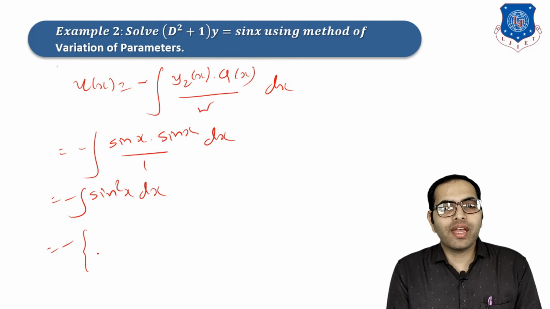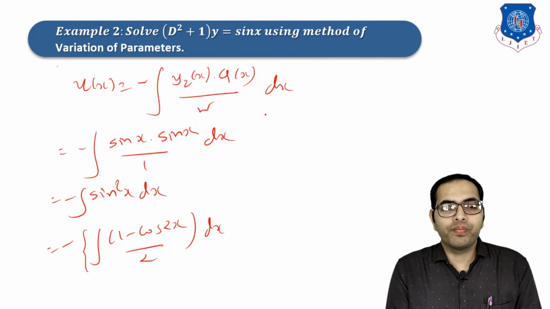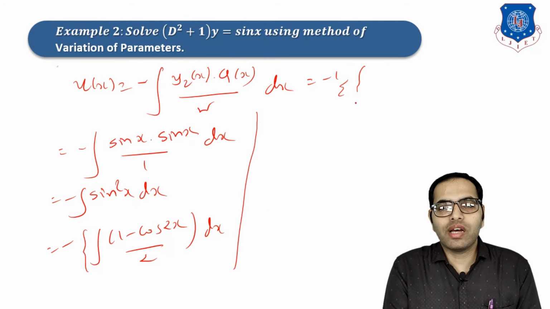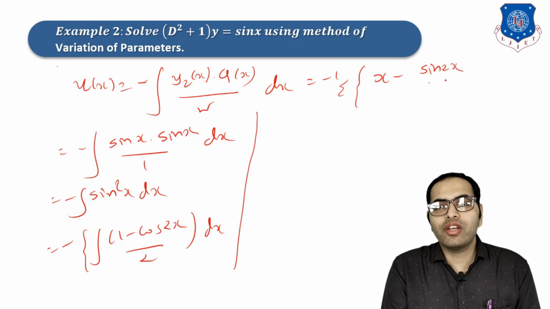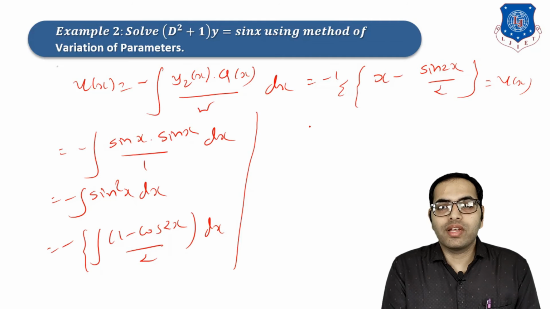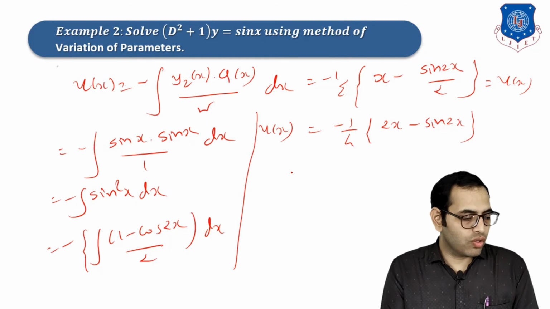We cannot integrate directly, for that we have the formula (1 minus cos 2x) by 2. Simplifying that term, then minus 1 half, integral of 1 is x, integral of cos 2x is sin 2x by 2. That is our u of x. Now simplifying that term, 2 twos are 4, then minus 1 by 4 (2x minus sin 2x). This is the value of u of x.